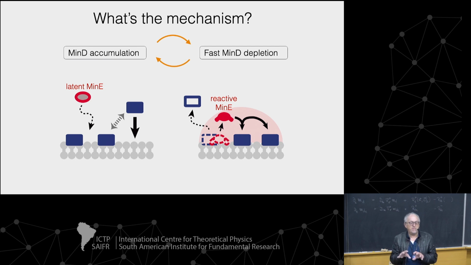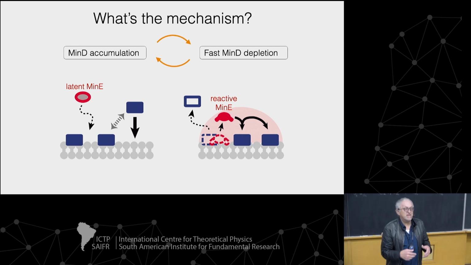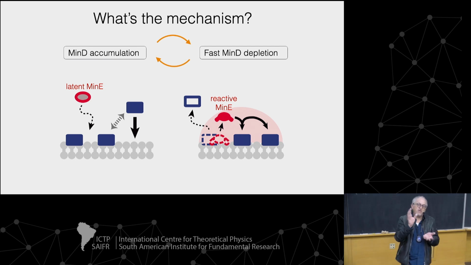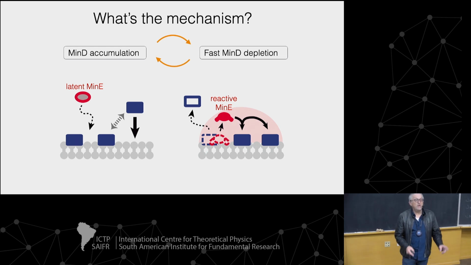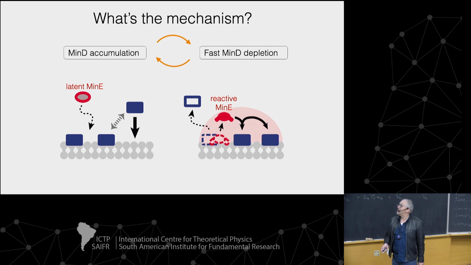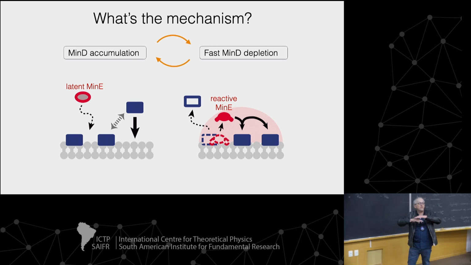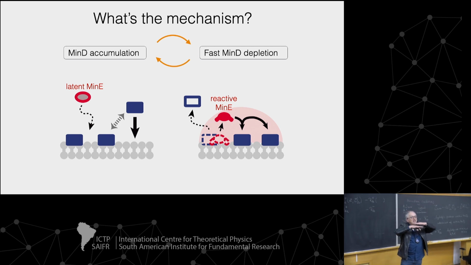Once you are on the membrane, well, then you start switching all the latent MinEs into reactive MinEs. So you activate the MinE, and you activate them in a particular region, close to the membrane in a tiny layer, right?